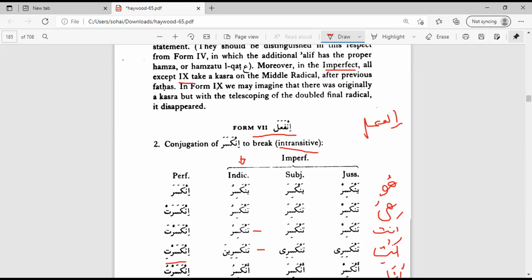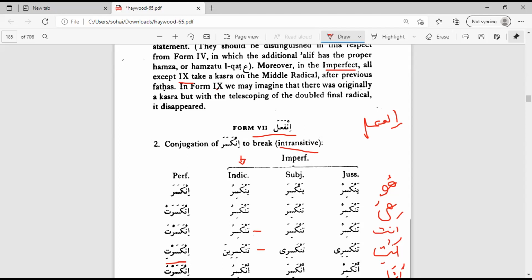So imperative is inkasir, inkasira, inkasiru, inkasirat, inkasirata. Sorry, not inkasirat. Inkasar, inkasir, inkasira, inkasiru, inkasiri, anti inkasiri, and so forth. And also the ism fa'il is munkasirun, active participle, passive participle munkasarun. I've already mentioned it before.